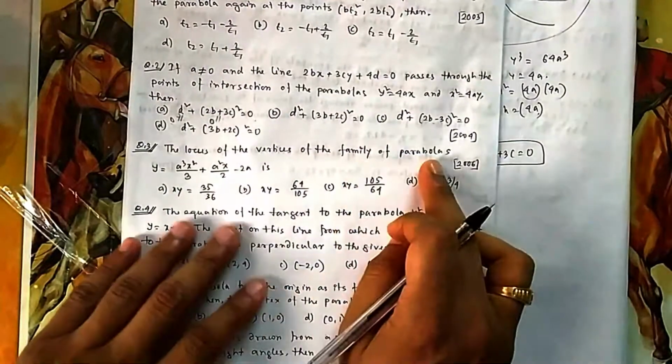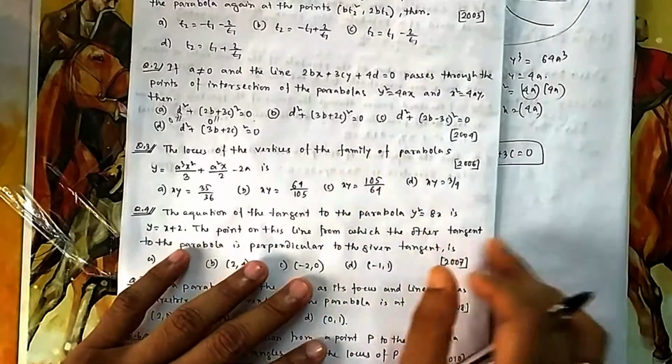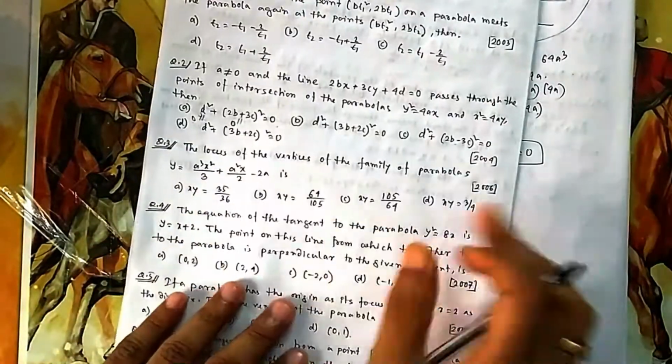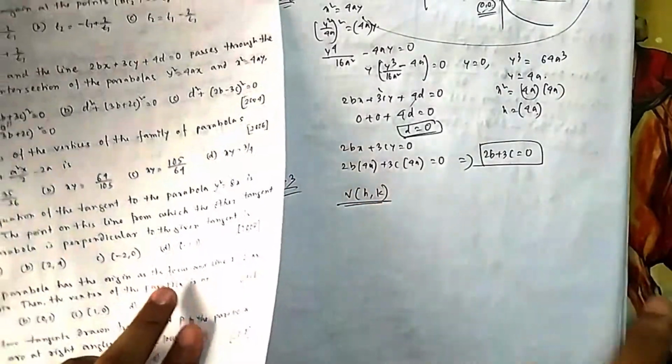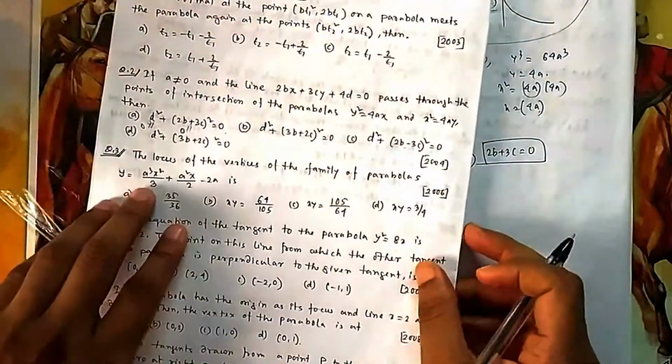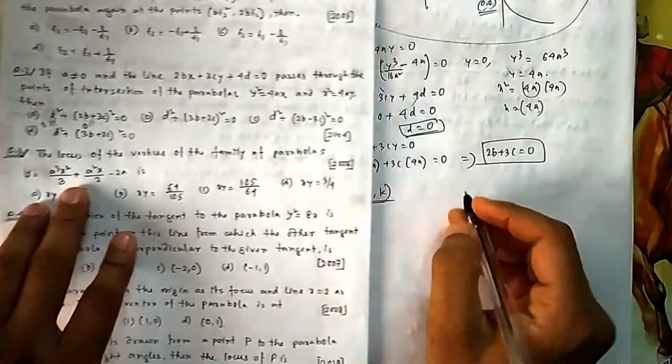Now if you come to 3, the locus of the vertex of the family of parabolas is this. So you need the locus of the vertex. Let us calculate the vertex of this one. Because the vertex is required, we take the vertex as (h, k). Because there is no a, let us find the vertex first. That is interesting.